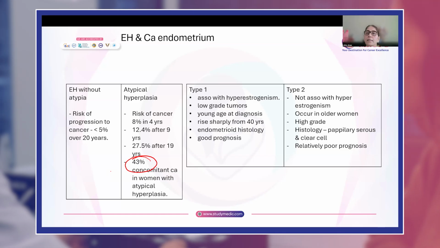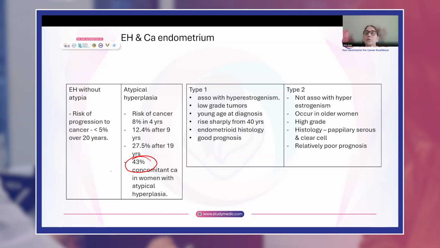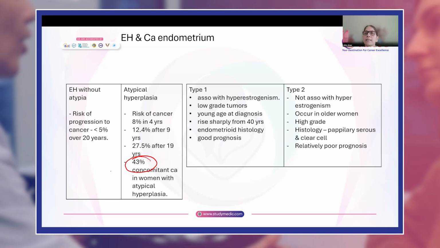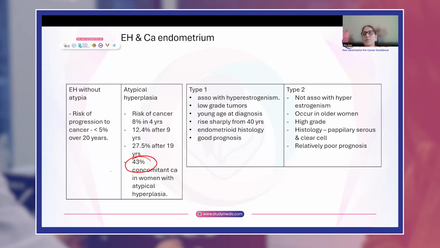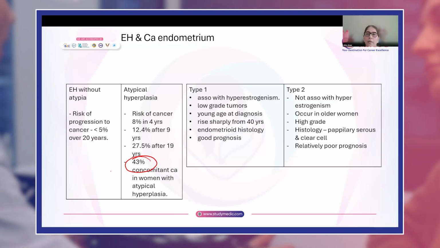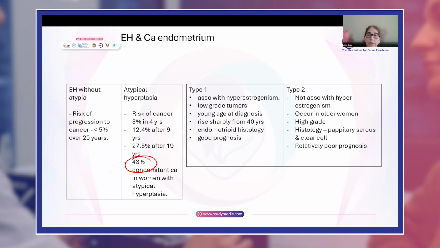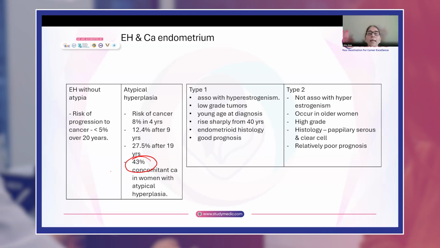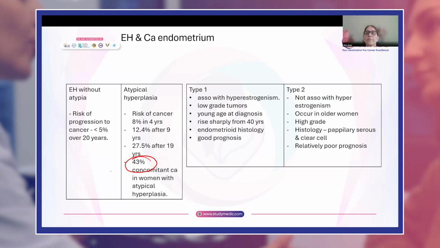So these are type 1 tumors that are associated with hyperestrogenism. These are normally low-grade tumors. The age at diagnosis is relatively younger women. CA endometrium is usually a disease of older age, we know. For type 1, the incidence rises sharply from 40 years of age. The histological type is usually endometrioid, and they have a good prognosis. So type 1 tumors have a good prognosis. That is what you have to remember.